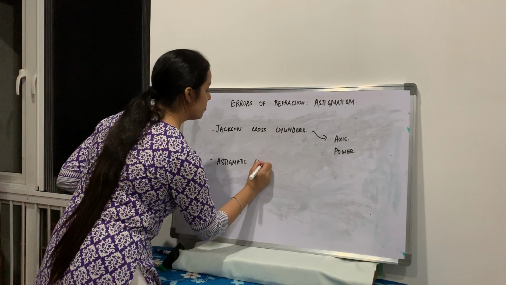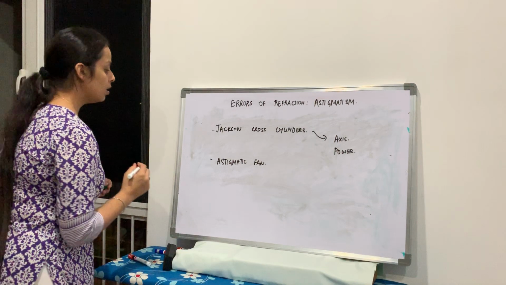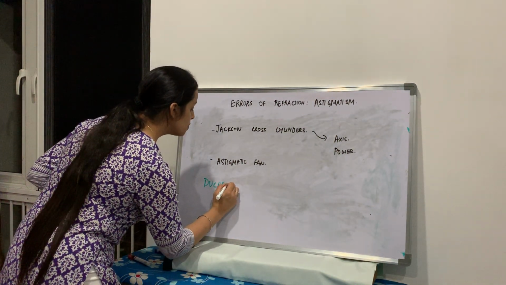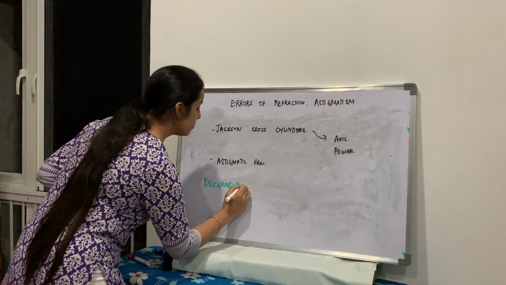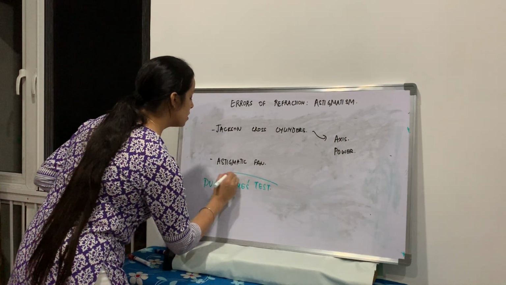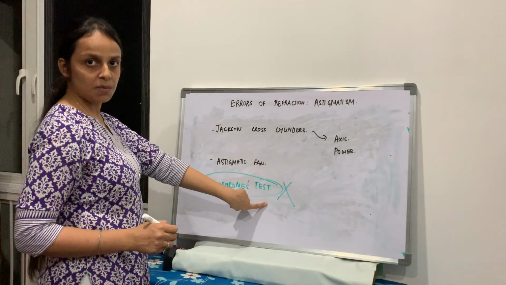Okay, I would like to point out to you with a different color that there's something called the duochrome test. This duochrome test is not used to check for astigmatism.